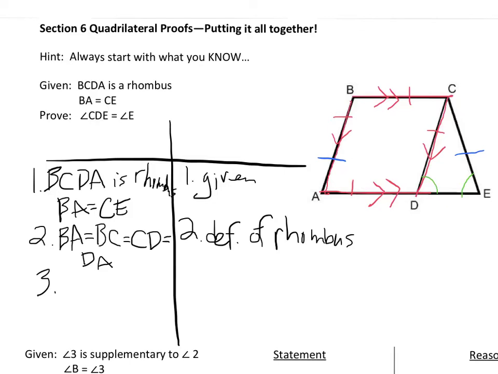Well, step number 3, I see initially that I have BA is equal to something in the given, and BA is also equal to all those other things. So I think I could use substitution to say that what I ultimately want to say is that CD is equal to CE.